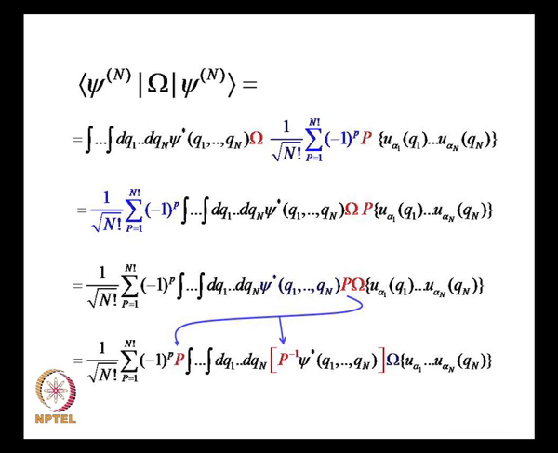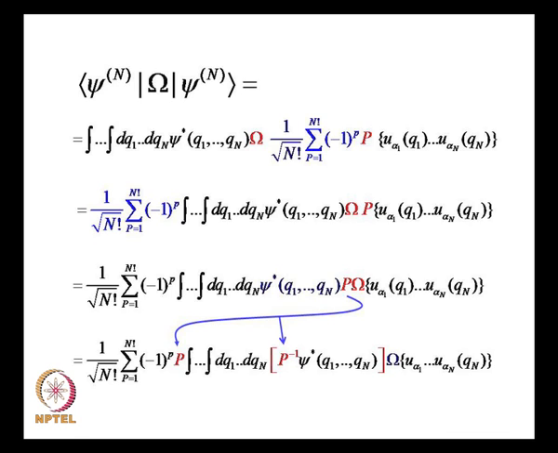So you can take this permutation operator p, write it over here, and you find that this matrix element of omega is now given by this 1 over root factorial n, the permutation operator operating on this summation, -1 to the power p is coming already over here. You have integration over all of these n variables.